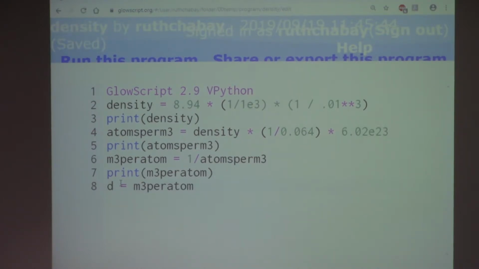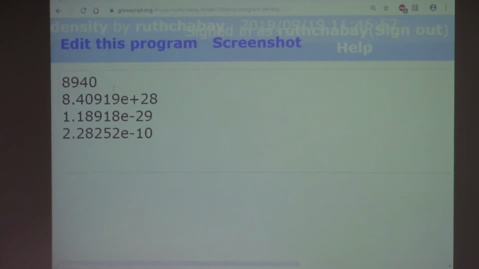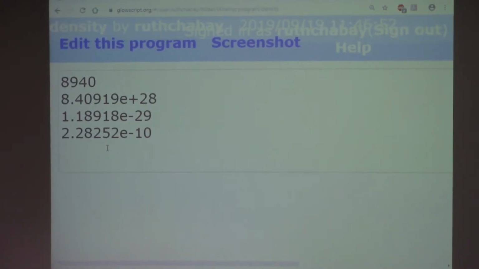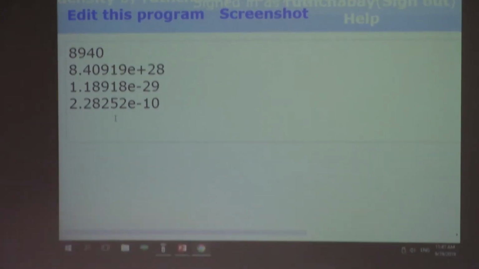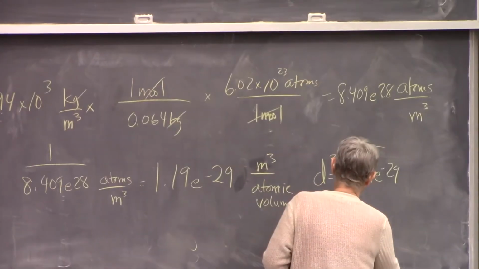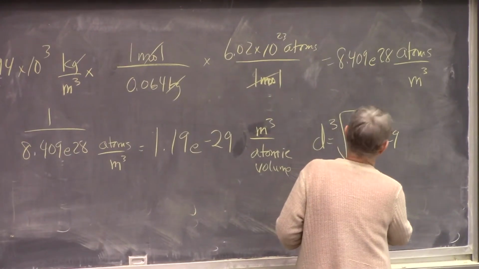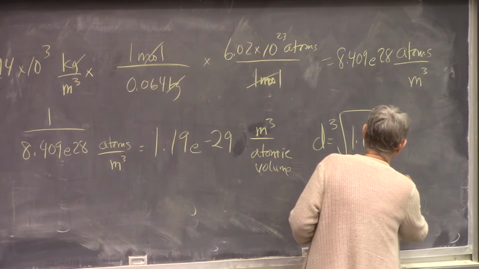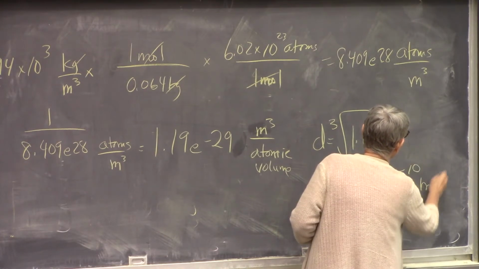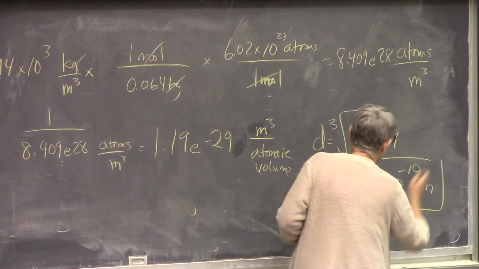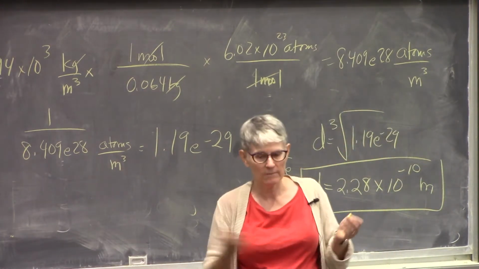In 2 stars. Okay, so we actually have the diameter of a copper atom. D is equal to 2.28 times 10 to the minus 10 meters. Okay?